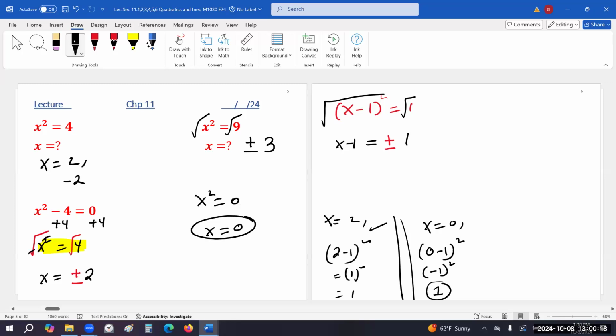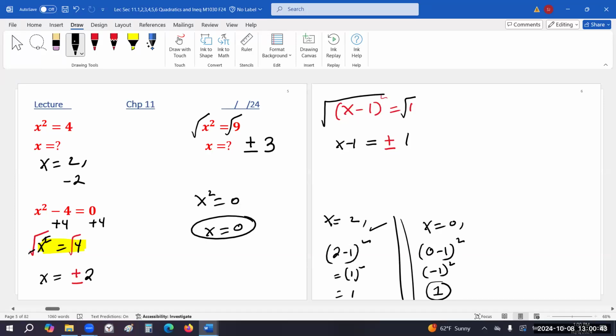Anytime you take the square root of both sides, the right side is supposed to get plus minus. If it's 0, the plus minus sign doesn't matter. Except for 0, if you have any other number, you must put plus minus. Why? Because we are going to get two solutions, which makes sense.